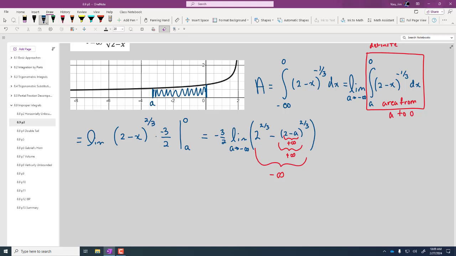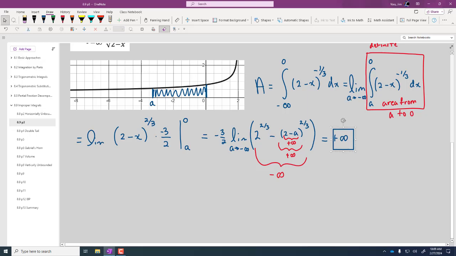And then we multiply that negative infinity by a negative constant, and so this whole limit will end up being positive infinity. So that tells us that that area is in fact infinite. The area is infinite. So that tells us that the curve is not approaching the x-axis fast enough.